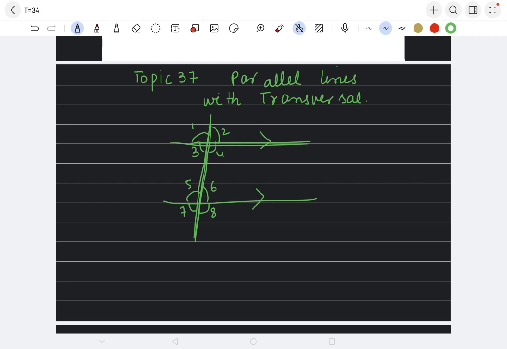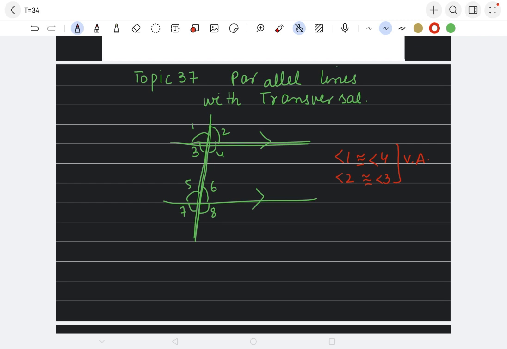Now if we check the relationships between them, you can see your angle 1 is equal to angle 4, and your angle 2 is congruent to angle 3. Why? Because these are vertical angles. I'm writing VA for vertical angles.